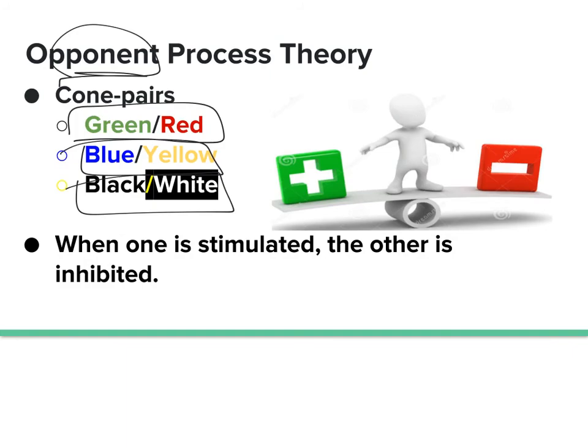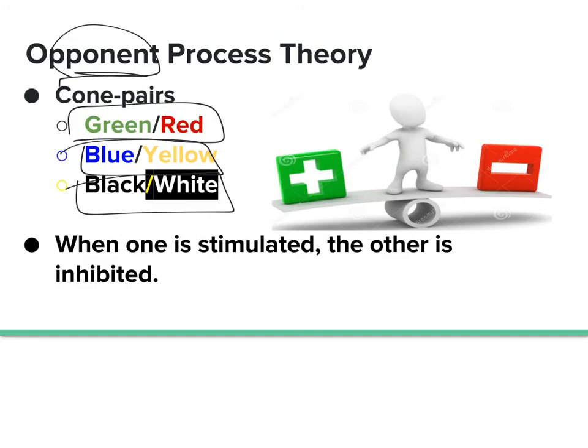If you don't have one, you don't have the other. But the work of one comes at the expense of the work of the other, and I'm going to explain that in a minute too. So again, this is in addition to this primary classification that Young-Helmholtz trichromatic theory proposes. They also work in pairs, and these are the pairs that work together.